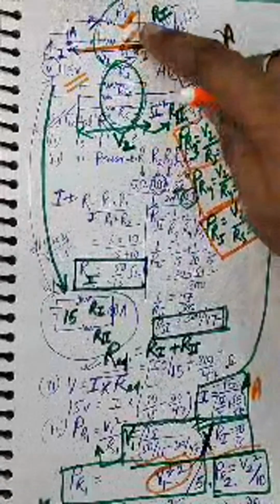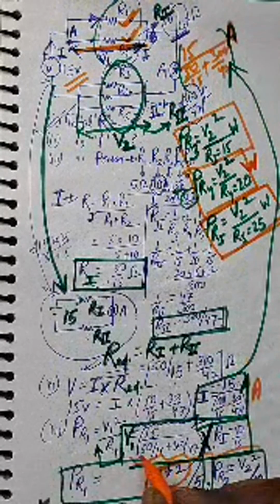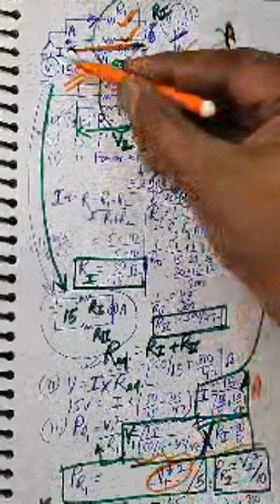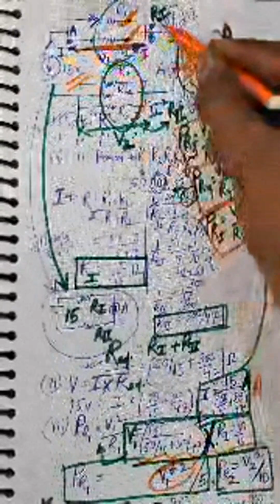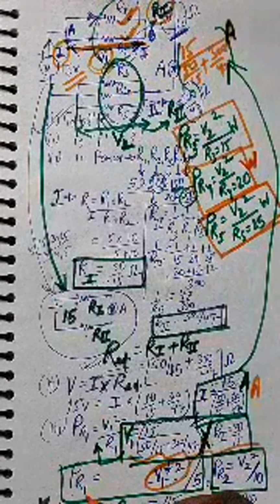R1 and R2 are connected in parallel. So when we get the voltage V1, V1 square by R1 will give you the power across resistance R1.